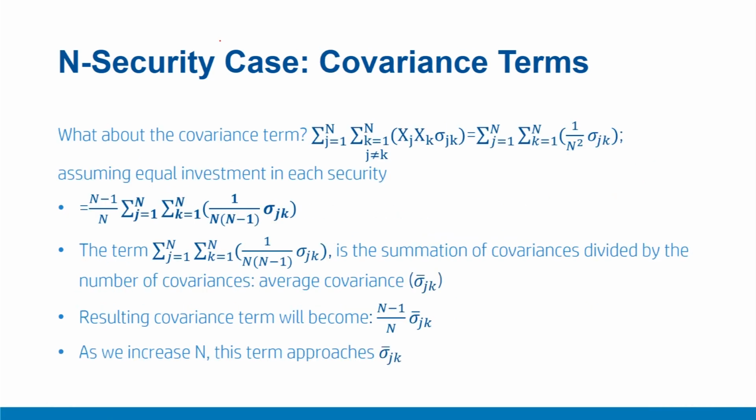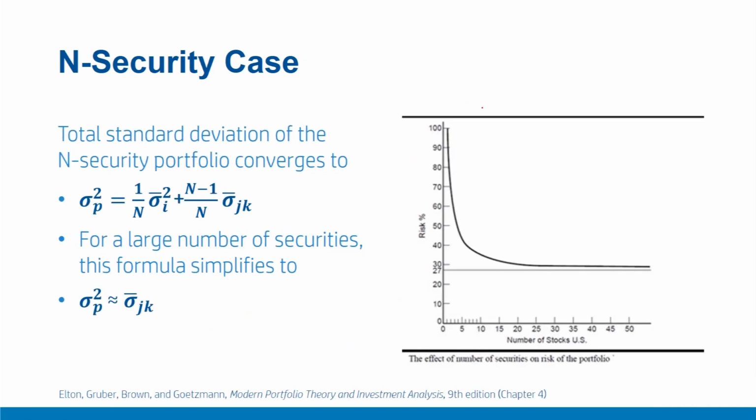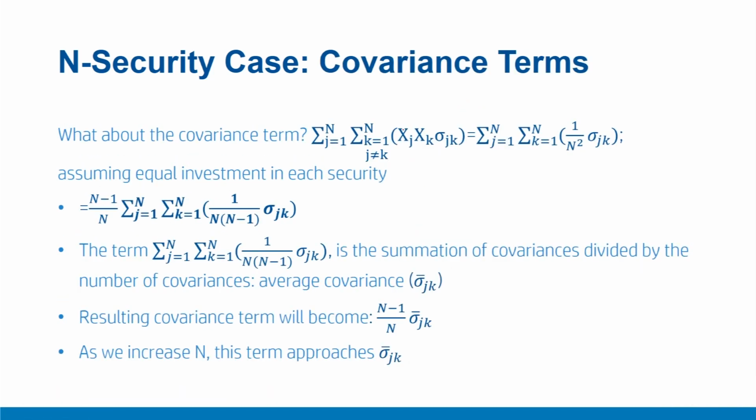What about covariance terms? Summation of covariance terms. Since there are n securities, there will be n into n minus 1 covariance terms. For example, with 3 securities, there will be 6 such terms. However, since half of them are the same, that is sigma ij equal to sigma ji, we use a multiple of 2 and only 3 terms are left.